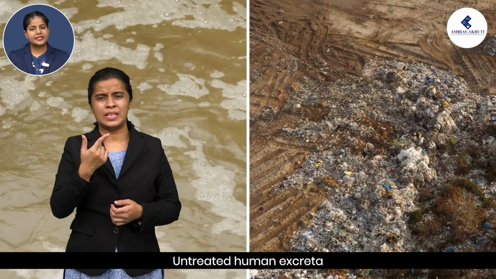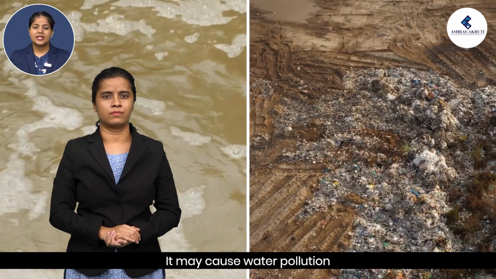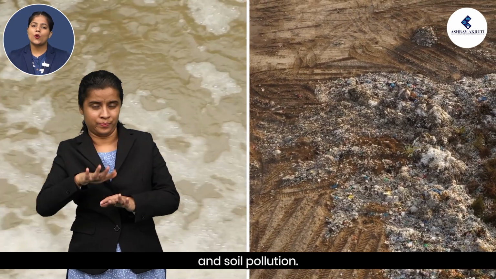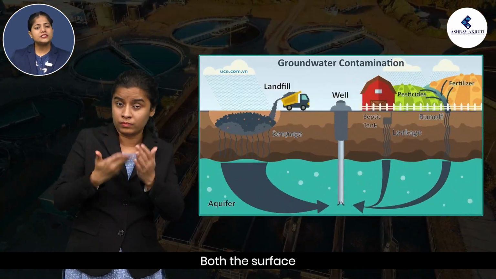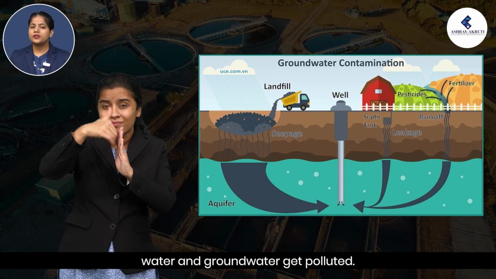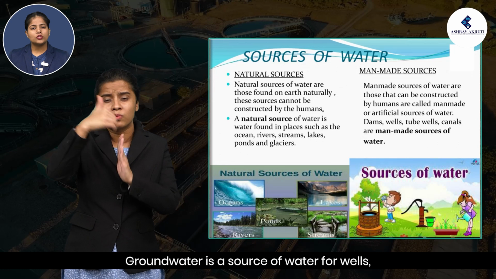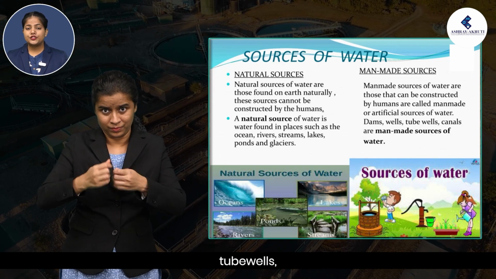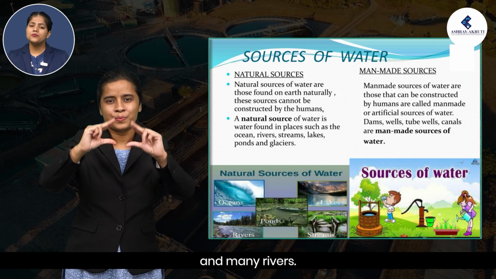Untreated human excreta is a health hazard. It may cause water pollution and soil pollution. Both the surface water and groundwater get polluted. Groundwater is a source of water for wells, tube wells, springs, and many rivers.